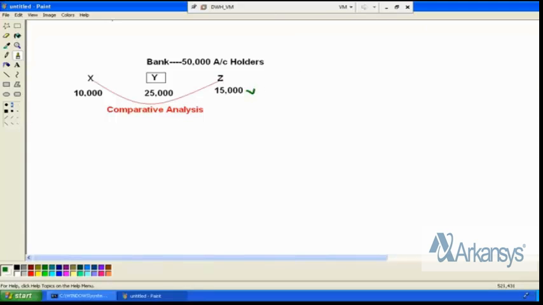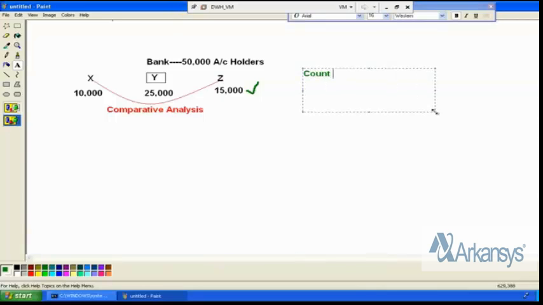So more number of customers. Here what you're comparing is basically the count of customers. So based on the count of customers, you're asking to start the branch in Z location.